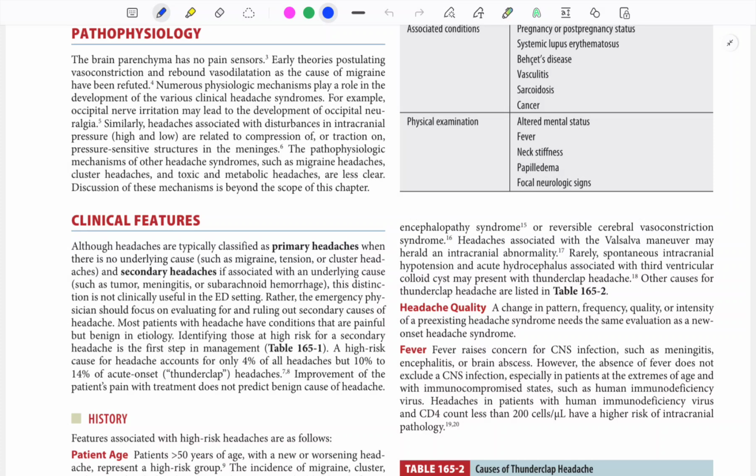The headaches are typically classified as primary headaches when there is no underlying cause. Example, migraine, tension and cluster headache. And there are secondary headaches. So headaches are divided into two groups, primary headache and secondary headache.